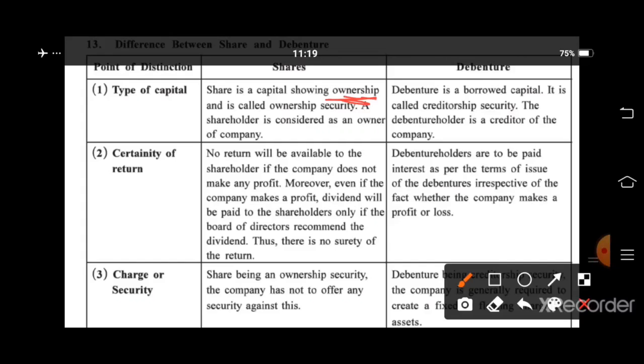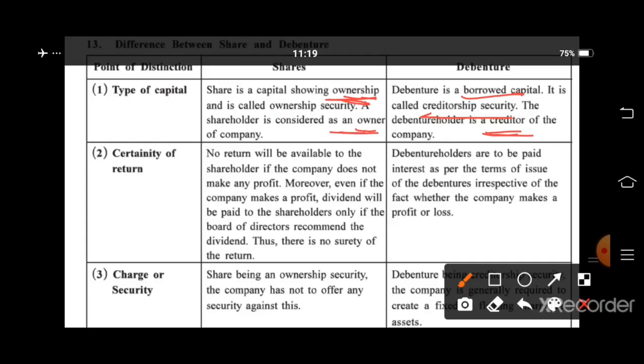A shareholder is considered as an owner of the company. But debenture is borrowed capital. It is called creditorship security. The debenture holder is a creditor of the company. Shareholders are owners of the company, and debenture holders are creditors of the company.